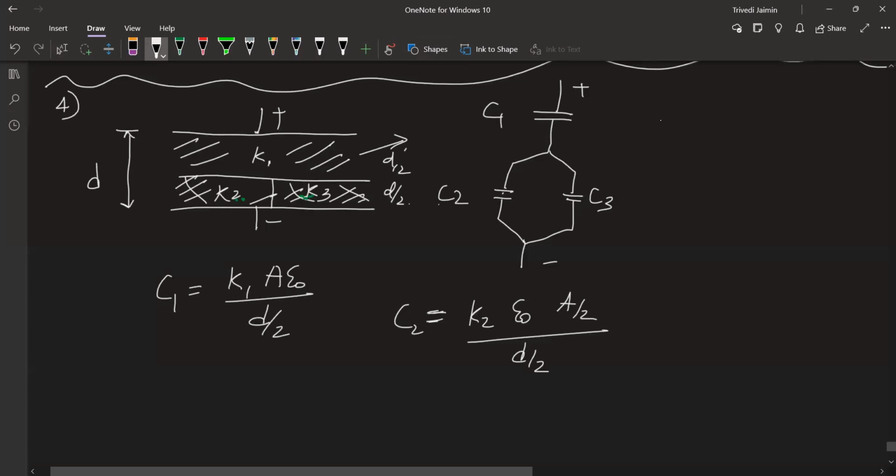Third one, Pavan. Sir, K3 epsilon naught A by 2 by D by 2. Yes, perfect. Jafar, are you there with us? No? Yes? What about Pravalika? Okay, you got it right? Okay, good.